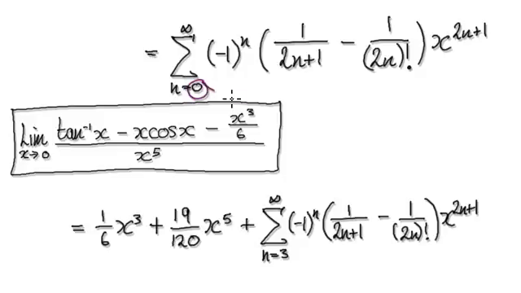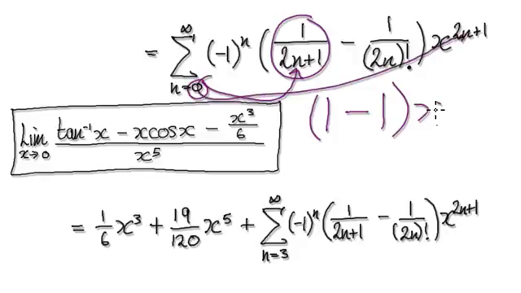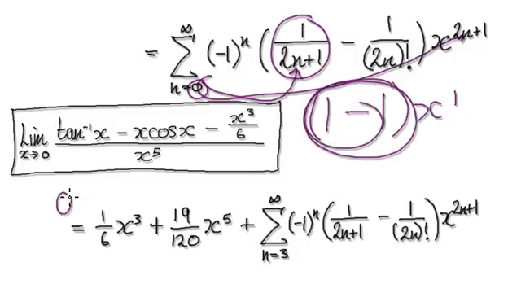Because if you put 0 into here, this whole thing here would be 1, and then put 0 into here, 2 times 0 would be 0 factorial. This thing here would be 1, and then put 0 into here, that would be x to the power of 1. So here you can see the first term will be 0.